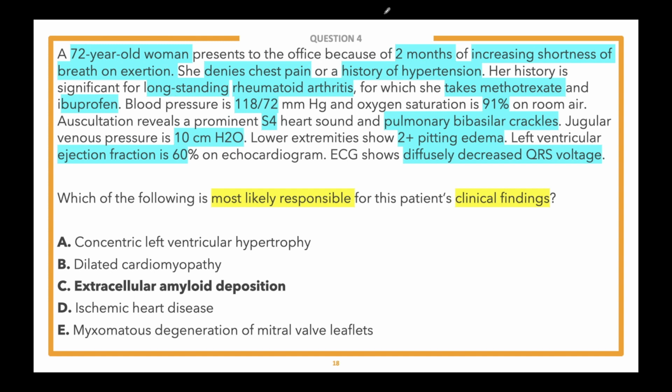That should really point you towards something infiltrating into the myocardium, and an example of that would be restrictive cardiomyopathy. So the myocardial tissue is being replaced with something else, something that's less contractile, less distensible. So now we've gone into the restrictive cardiomyopathy pathway.